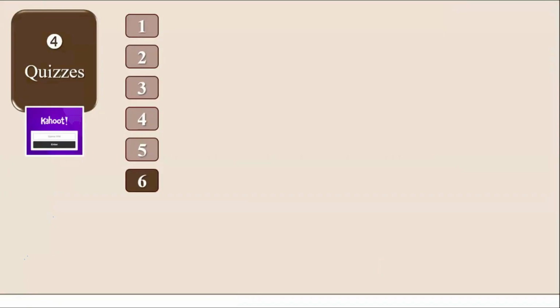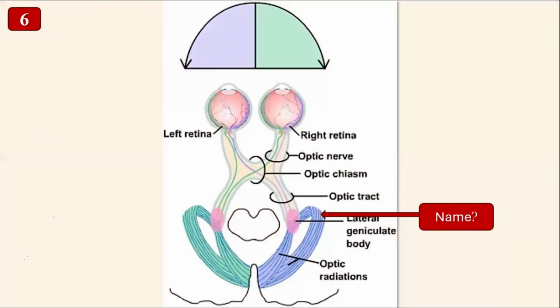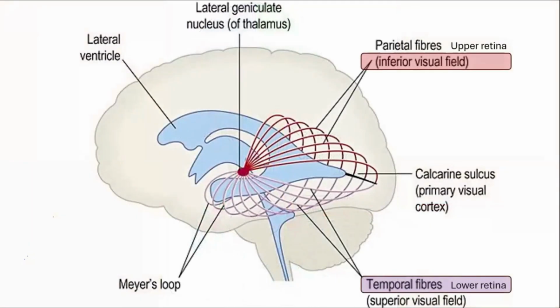Question number 6. I want someone to name this part. This is Meyer's loop. Yeah, finally. Okay. So you see it's looping around what, this part, what we call this part in baby blue here.